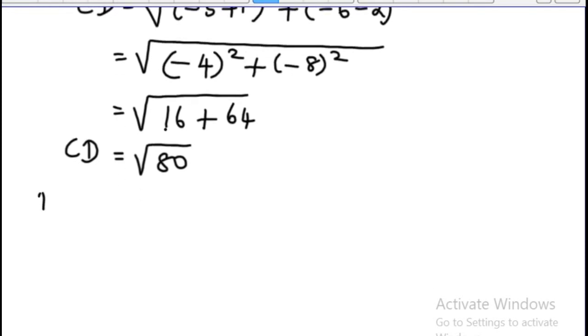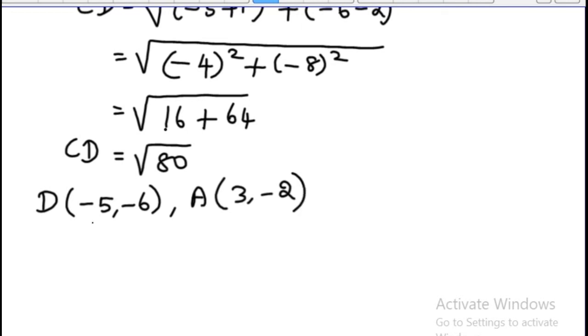Then next DA. D is the point minus 5 comma minus 6 and A is the point 3 comma minus 2. So this is x1, y1, x2, y2.